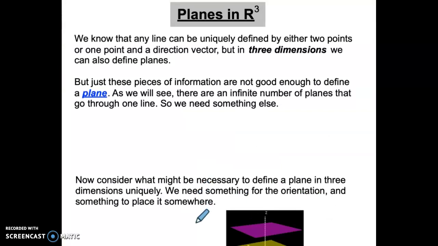So the question becomes, why do we need more information than a direction vector and a point? If you think about holding up a pencil, and if you take your piece of paper and think about slicing that pencil by putting that piece of paper right next to it along the edge, that's one way that the plane could go through the pencil.